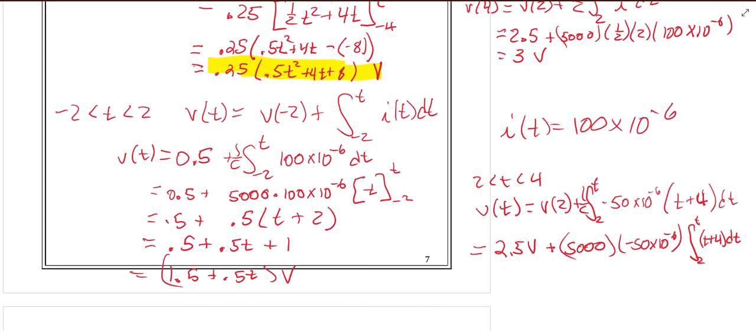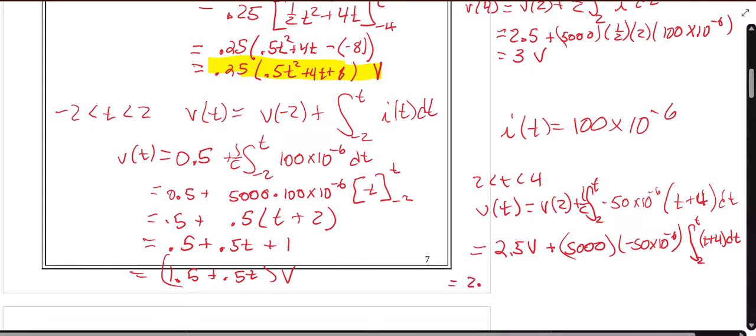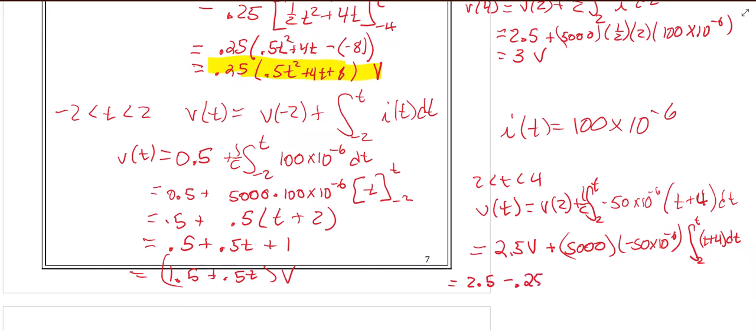And then that gets me 2.5 minus 0.25 1/2 t squared. I think, let's see, did I make a mistake here? Yeah, this is supposed to be a -4. That's a -4. Minus 4t from 2 to t.